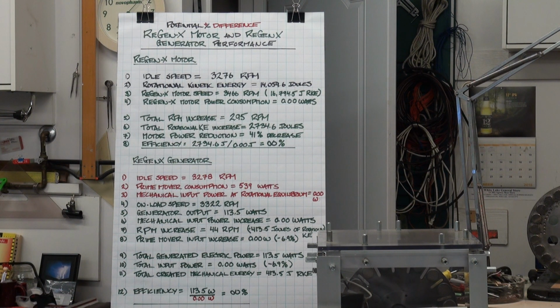In fact, it went down by about 7%. And the mechanical input power to the generator when we were delivering 113 watts was less than what was required at idle, which means it was less than 0 watts. So the efficiency of the ReGen-X generator in regenerative acceleration mode is also infinite.